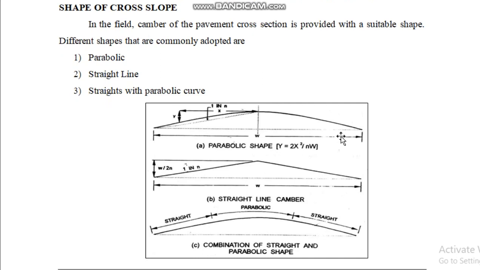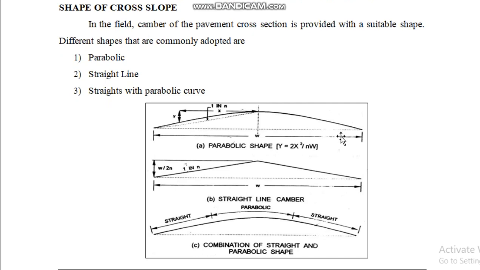And the second type of cross-sectional slope is straight line camber. It is one of the simplest types of providing the camber facility. Maximum camber value at the center and 0 at the edges.